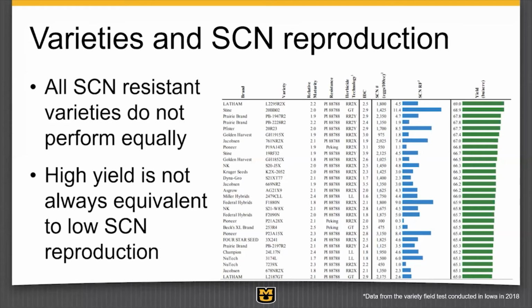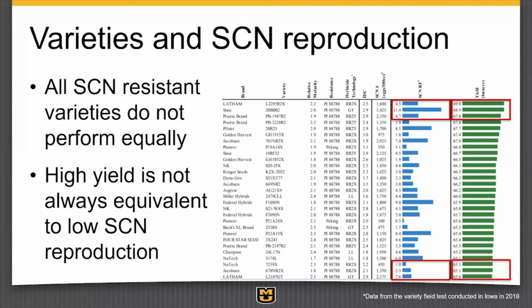If you look at the image depicted on the right, the highest yielding varieties in this particular trial do not necessarily have the lowest levels of SCN reproduction. Some of the lower yielding varieties in this image have lower levels of SCN reproduction.